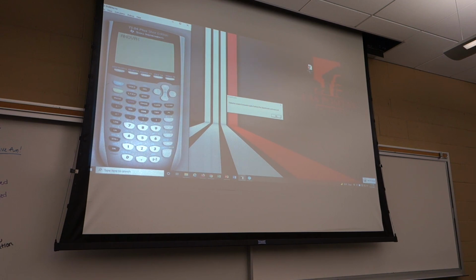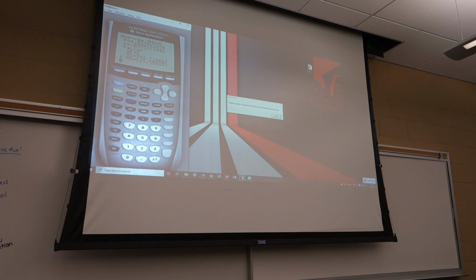See how this has ANOVA, blank? I'm going to put in L1, which is second one, comma above the 7. Second L2, comma again above the 7. Second L3. Enter. Bam, there I have it. An F-stat and my p-value. P-value is 0.0375.